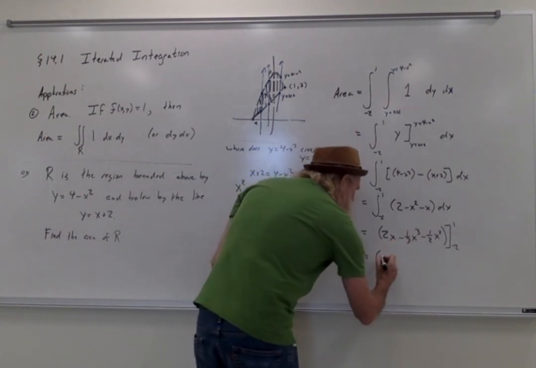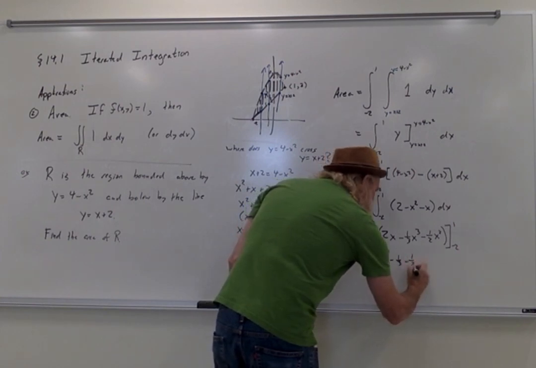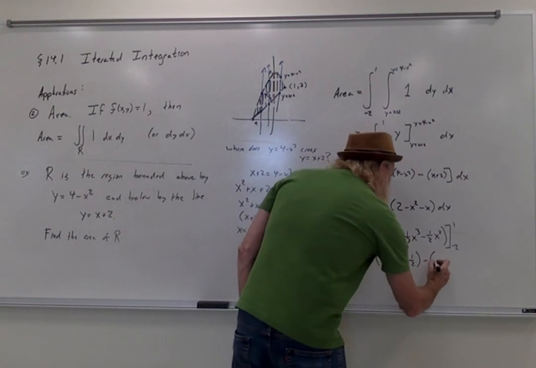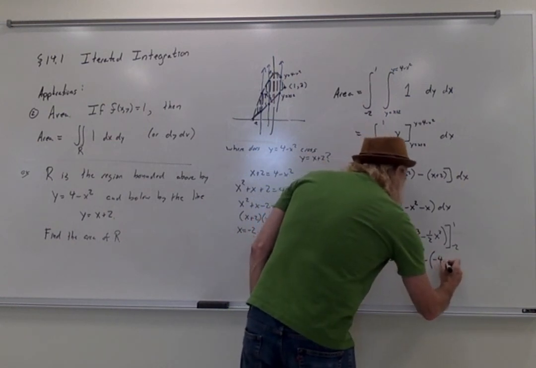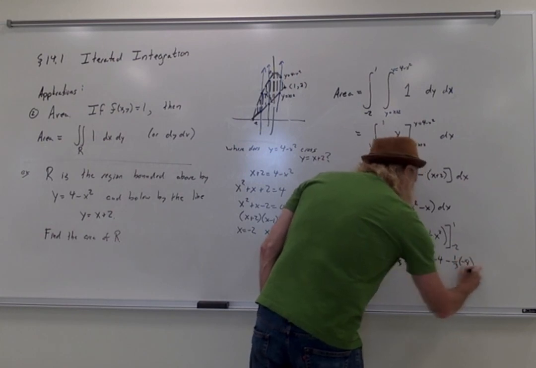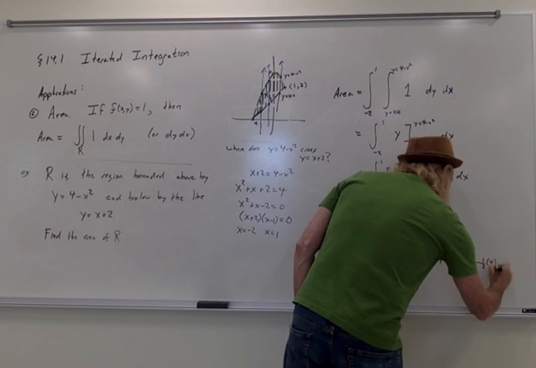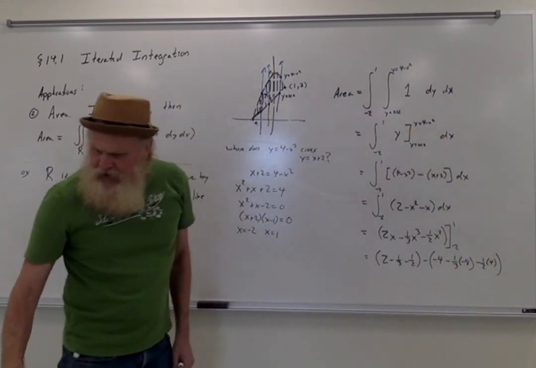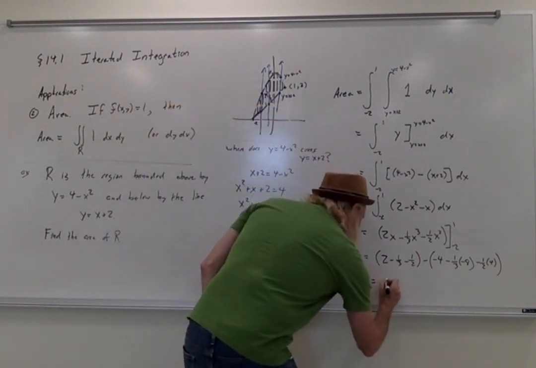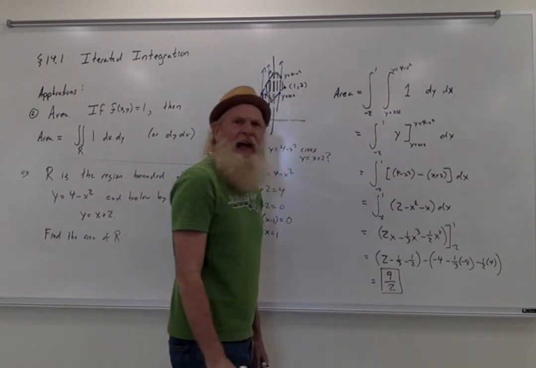Plugging in 1, I have 2 minus a third minus a half, minus, plugging in -2, -4 minus a third of -8 minus a half 4. And I'm running out of space here at the bottom. I'm going to ask you to trust me that this works out to 9/2.